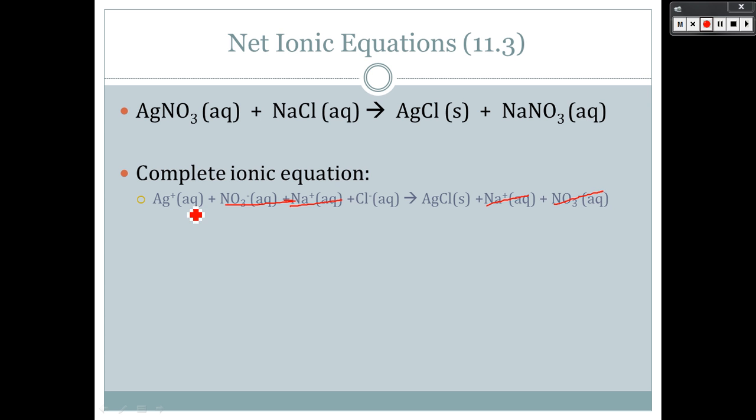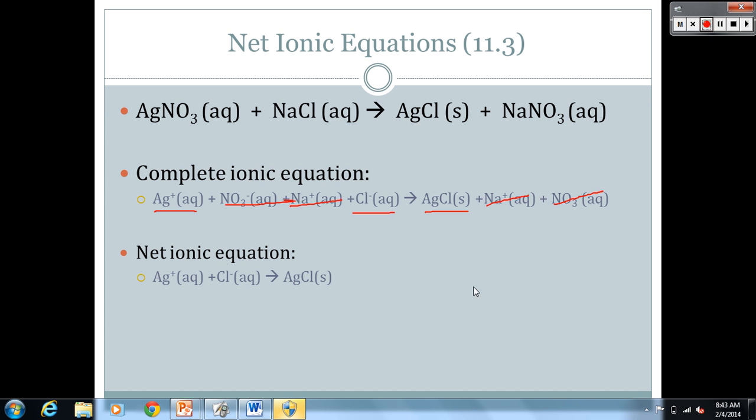And what we're left with is the silver ion, the chlorine ion, and the solid silver chloride. And so then we get what's called our net ionic equation, which is just the parts that participate in the reaction. So we get Ag plus Cl minus yields AgCl, or silver ion plus chlorine ion yields silver chloride.